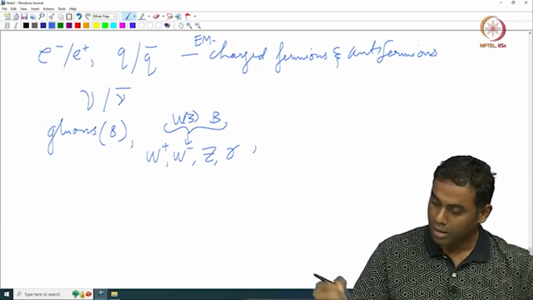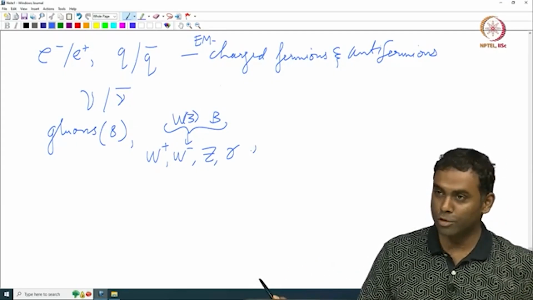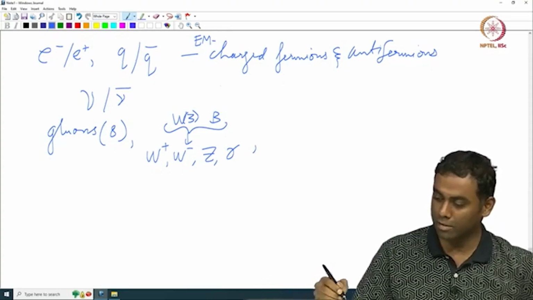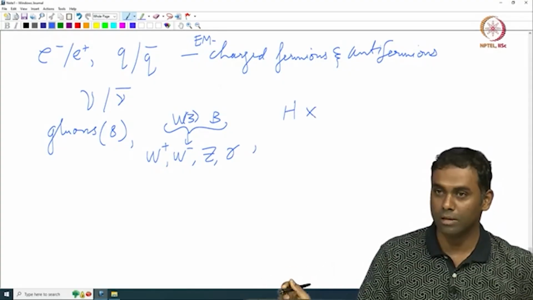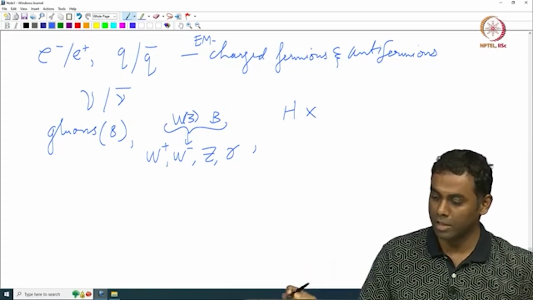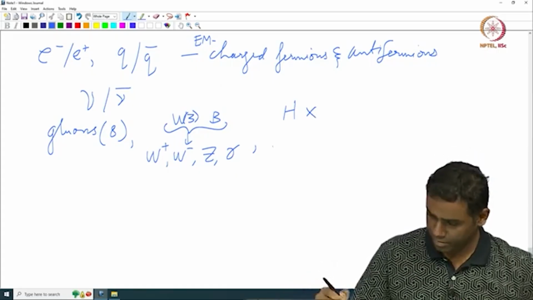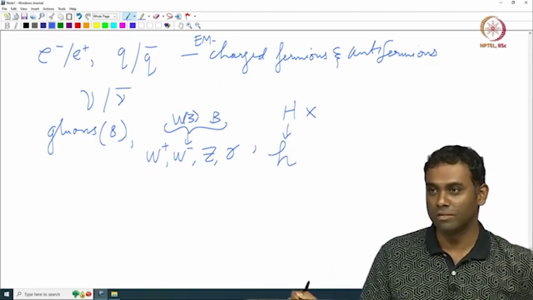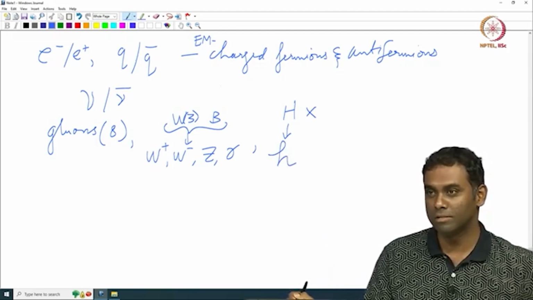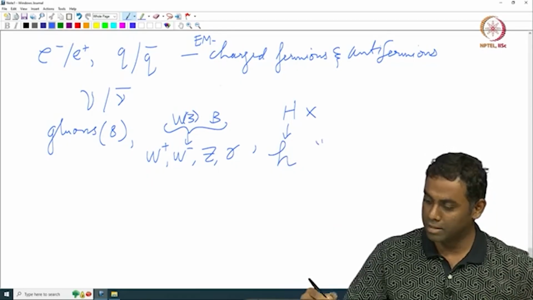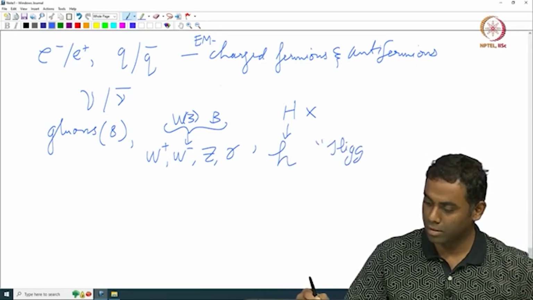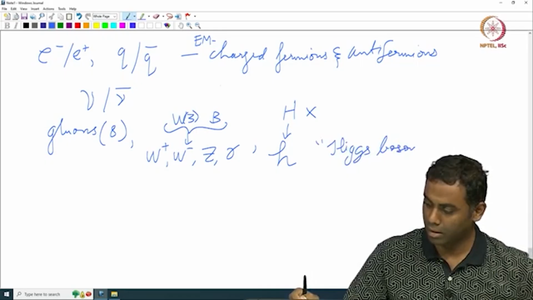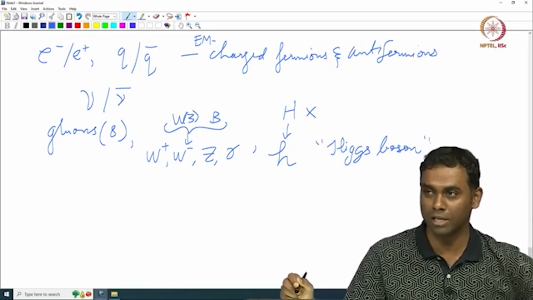And then most crucially, we no longer have the Higgs doublet that we wrote down last time. Instead, we will have a small h. This is the Higgs boson. The capital H is not a Higgs boson.